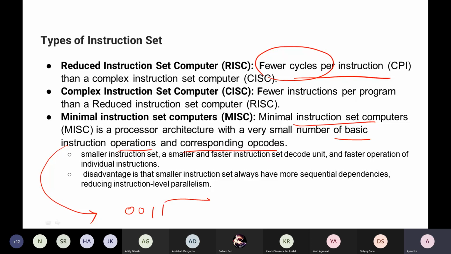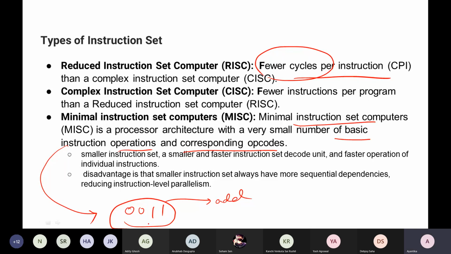I'm just giving one example. You can search the opcodes of ARM and get the whole list of operations ARM supports and their mapped opcodes. No need to remember anything. You should just have the idea of which opcode is being used underneath whenever you write add or subtract. Okay.